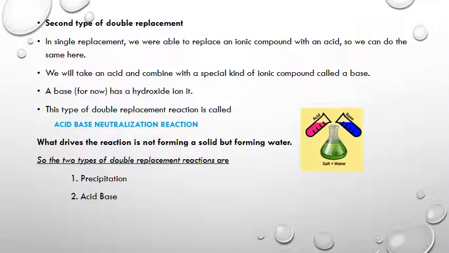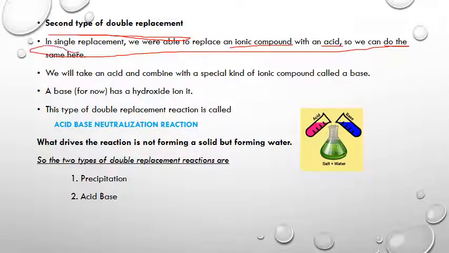Alright, now there's another type of double replacement, just like a single replacement. And remember we took an ionic compound, replaced it with the acid. Well, we can do the same thing here. We'll take an acid, and we're going to combine it with a special type of ionic compound called a base. A base for now will be an ionic compound with a hydroxide.